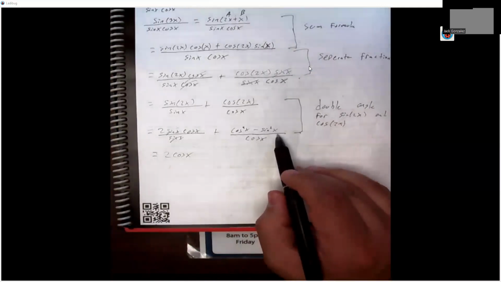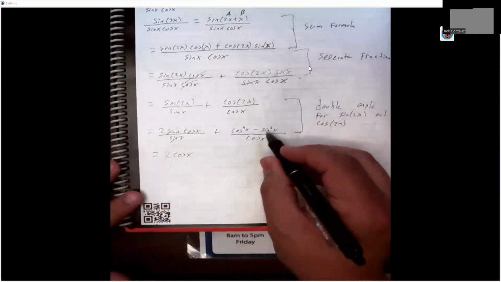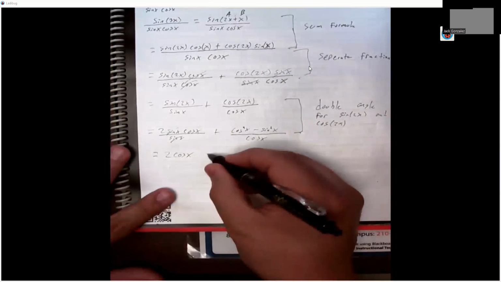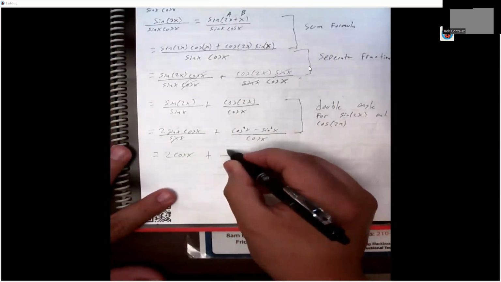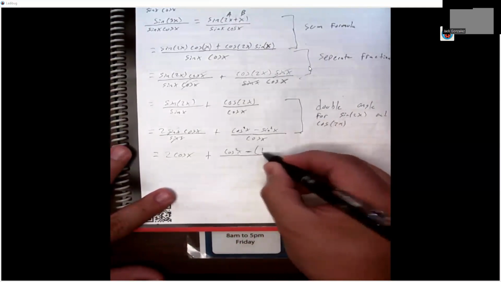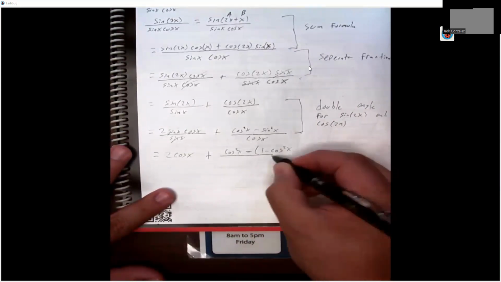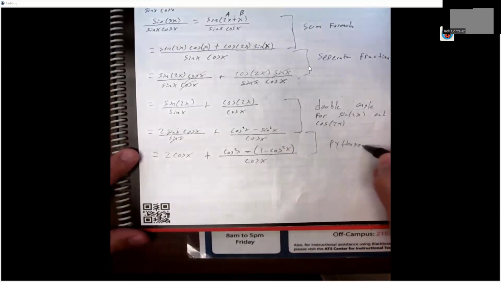What is sine squared equal to in your Pythagorean formulas? Whenever you see a square, you should think, okay, maybe I can use this. Yeah, so we have 1 minus cosine, right? See, I'm just trying stuff, hoping for the best.